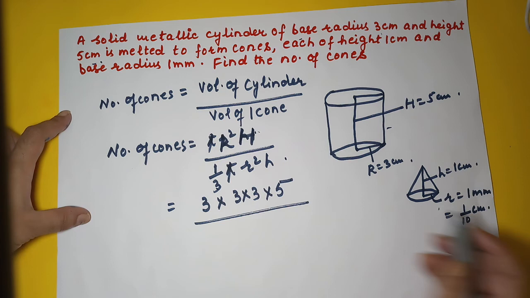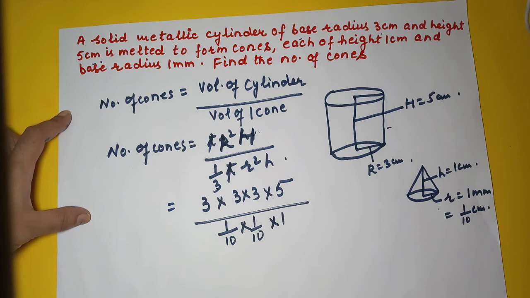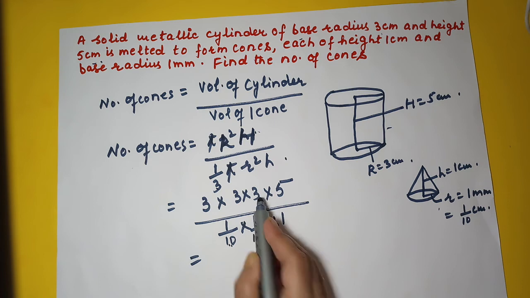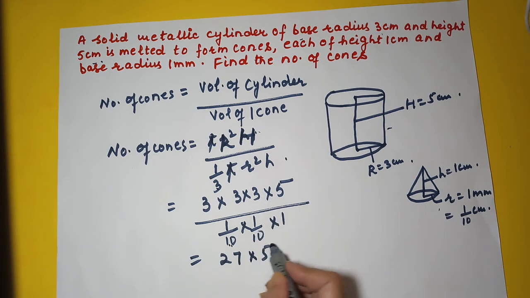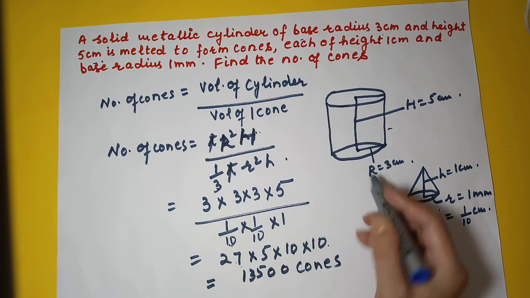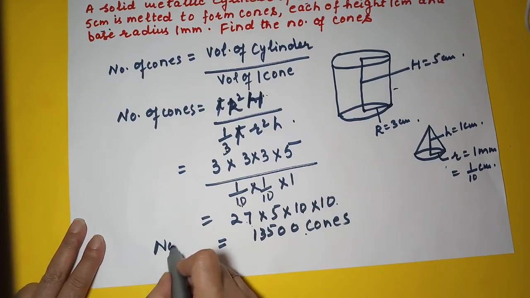And down you have 1 by 10 into 1 by 10, and h is 1. So where will these two tens go? Up. So you will have 3 3s are 9, 3 9s are 27, into 5 into 10 into 10. So that is 7 5s are 35, 3, 5 2s are 10, 11, 12, 13, then 0 and 0 cones. So how many cones will be formed by melting this of this dimension? 1, 3, 5, 0, 0 cones. So that is your number of cones.